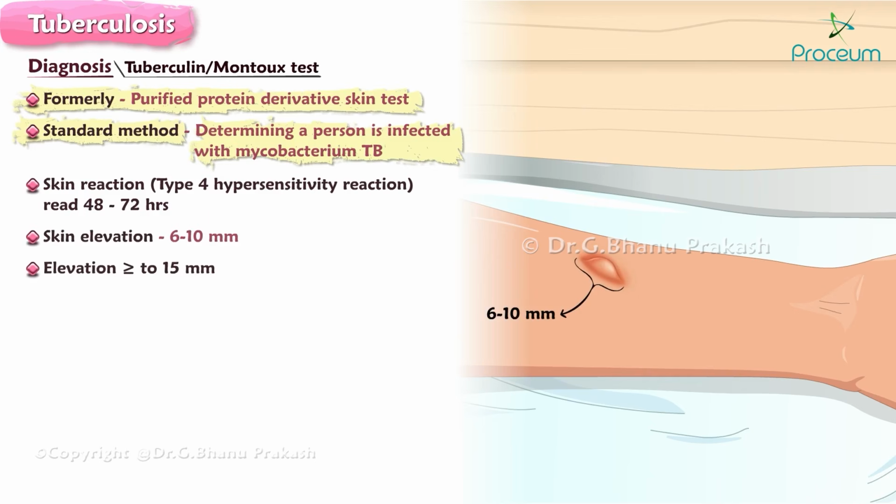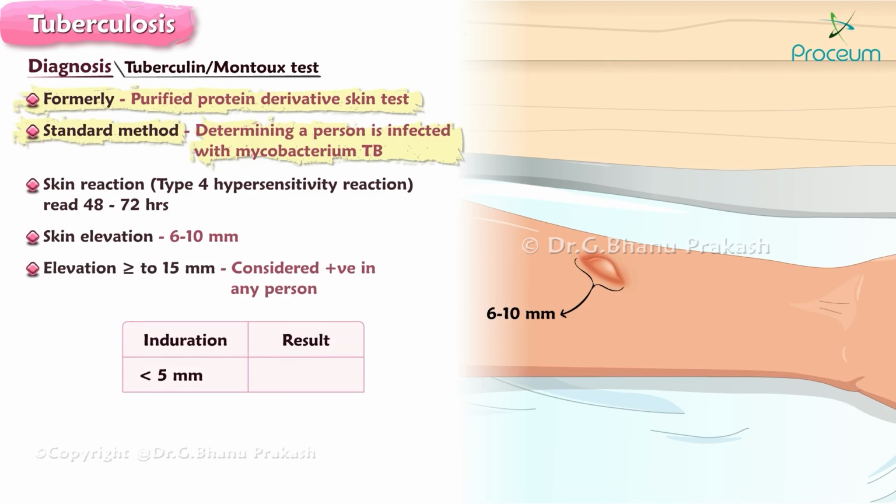An elevation of greater than or equal to 15 millimeters is considered positive in any person. If induration is less than 5 millimeters, the Mantoux test is negative. If induration is 5 to 10 millimeters, the test is equivocal. If induration is greater than 10 millimeters, the test is positive.